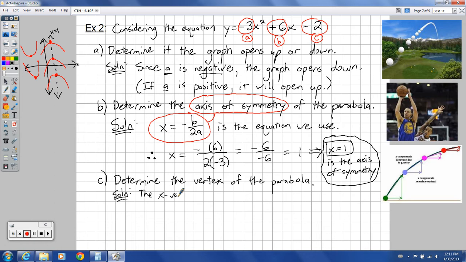And so that's part of what I'll say here to start. So the x value of the vertex will always be the value from the axis of symmetry equation.